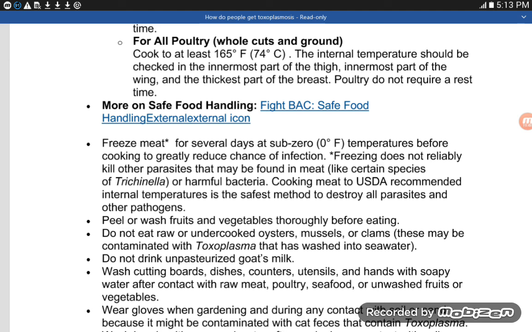Wash cutting boards, dishes, counters, utensils and hands with soapy water after contact with raw meats, poultry, seafood, or unwashed fruit or vegetables.